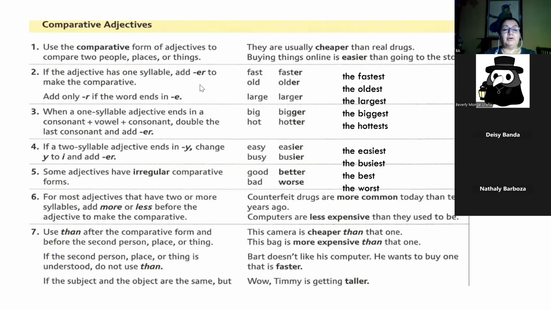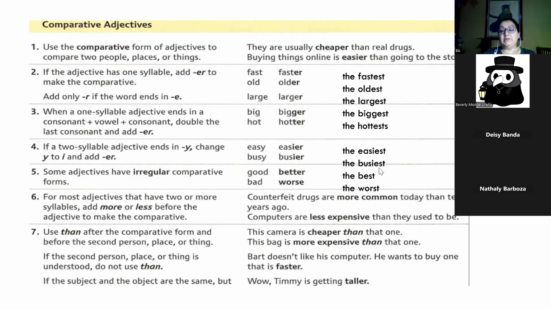Okay, just a reminder. We have the adjectives, and we have a comparative form, and we have a superlative form. So for example, for the adjective fast, we say faster and the fastest. Old, older, the oldest. Large, larger, the largest. Big, bigger, the biggest. Hot, hotter, the hottest. Easy, que termina con Y, easy, easier, we change it, and the easiest.